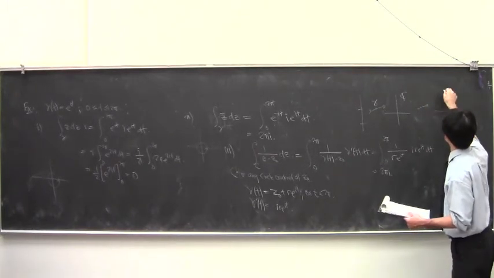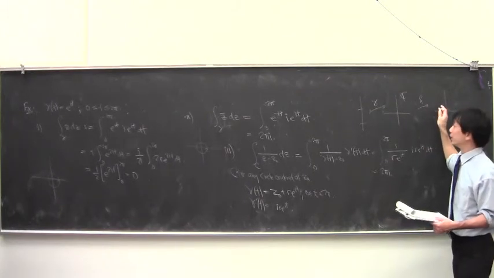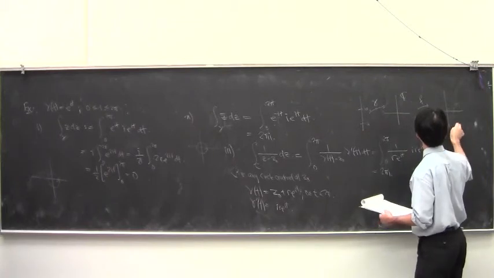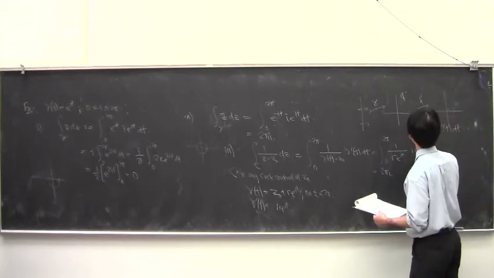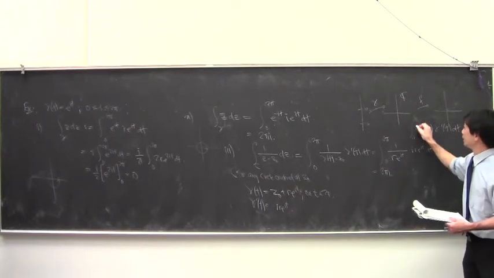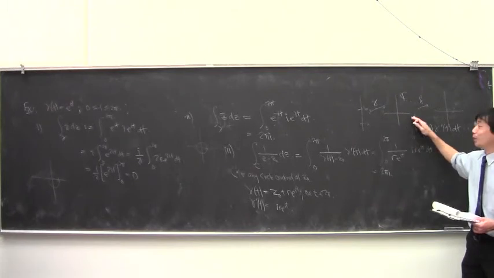Gamma goes into the plane. F goes from here to here, right? So if I don't throw in the scaling factor, then I'm basically integrating over AB, right? I'm getting the wrong lengths.